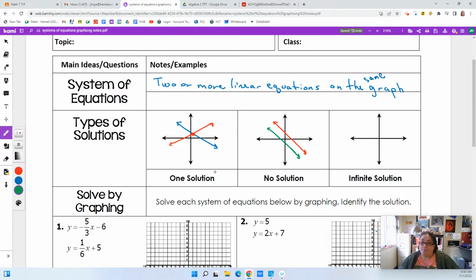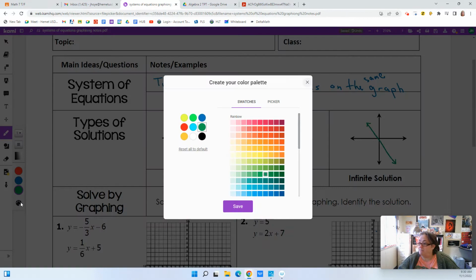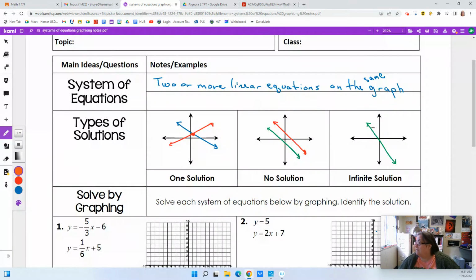Infinite solutions are when the equations of the lines are multiples of each other. So if I have an equation that graphs like this, and another equation that graphs like that, and I have another one that graphs right on top of it, they have infinite solutions.